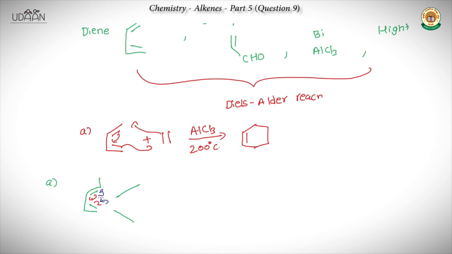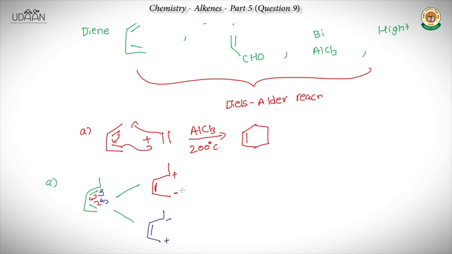Now, if it is shifted in the first direction as indicated by red arrows, you are going to get this one, a positive charge here and a negative charge here, and a double bond here. Now, if it goes as indicated by the blue one, you will get a positive charge here and a negative charge here and a double bond here.